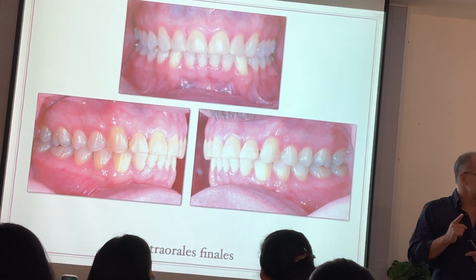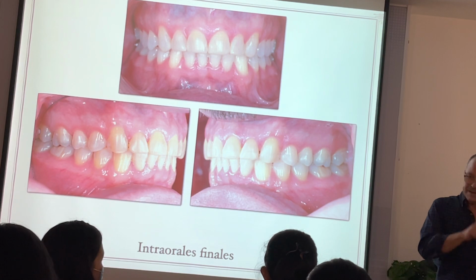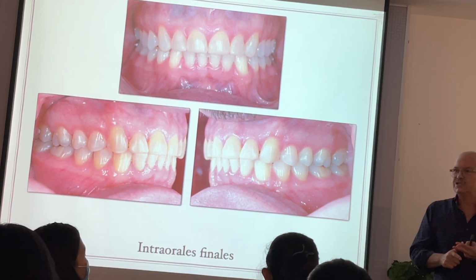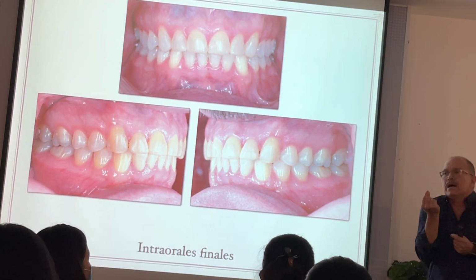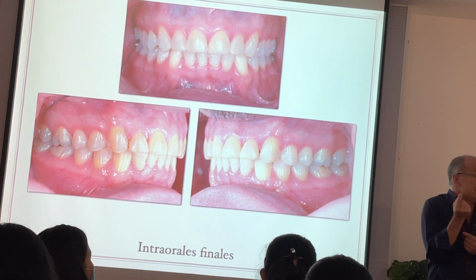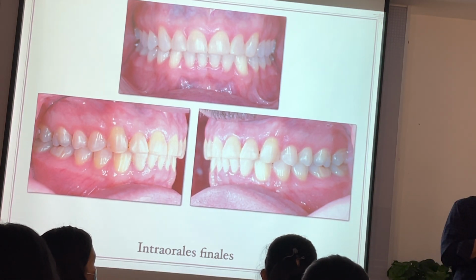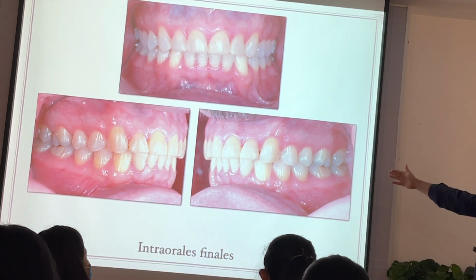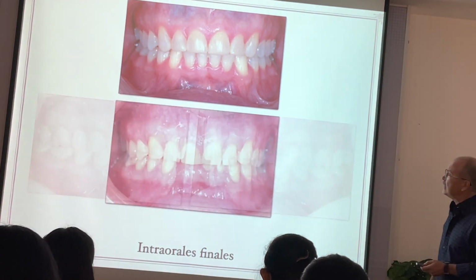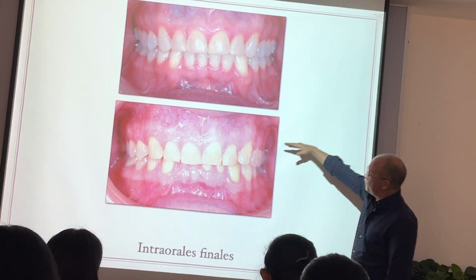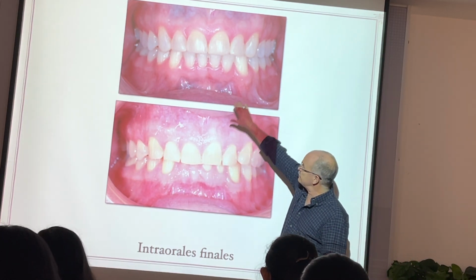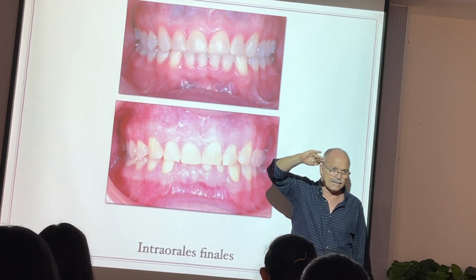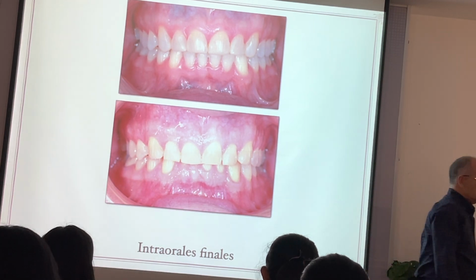They do many things, like grafting and surgeries to create a papilla. It's a problem for them to create a papilla. We can do many things for the periodontist. So this is one example. And after that, look, if you compare, this is before and this is after, completely different gum level.